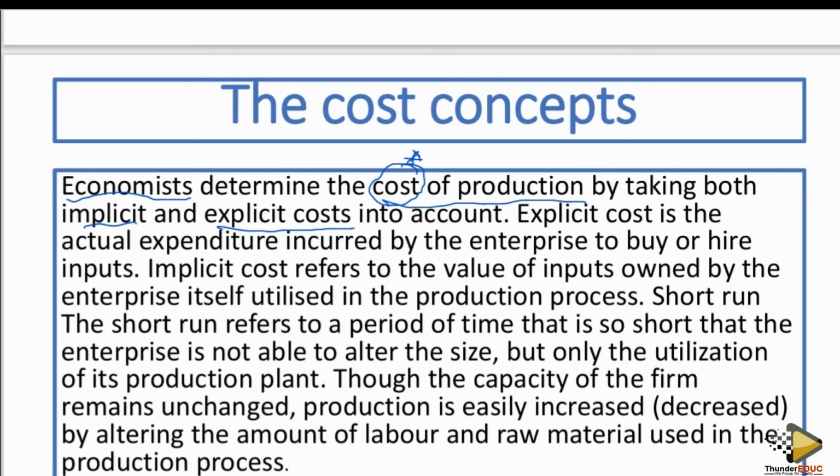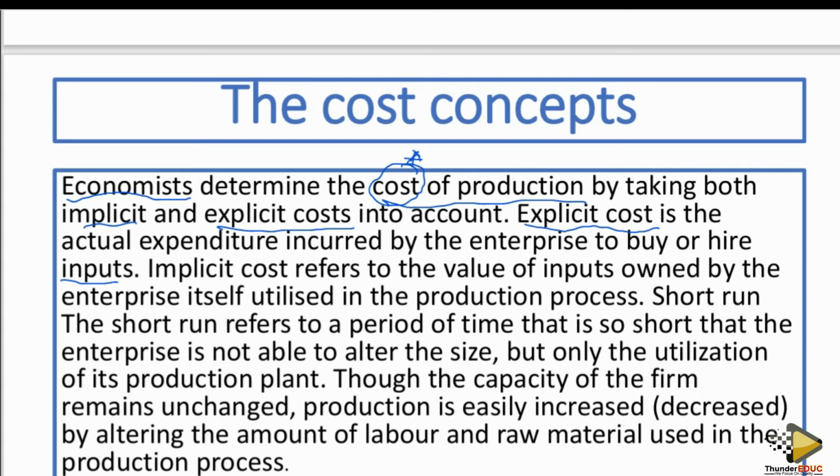Okay, right. So now let's check the explicit cost. I did explain, remember, the explicit cost is the actual expenditure incurred by an enterprise to buy or hire inputs. We refer to expenses incurred by businesses in order to acquire vectors of production.